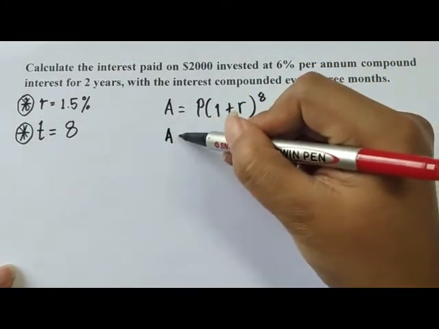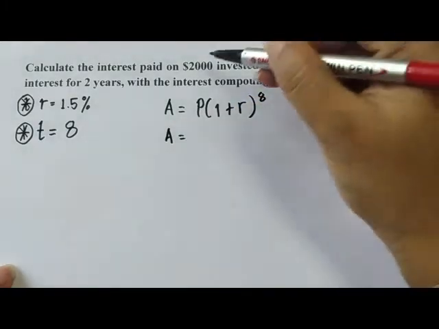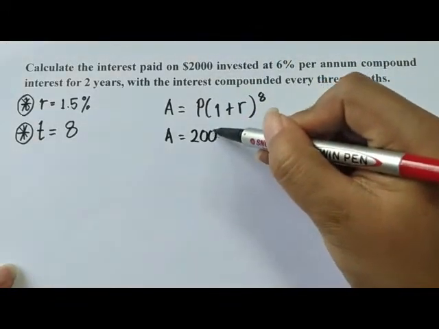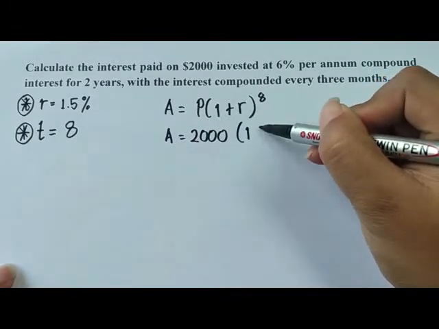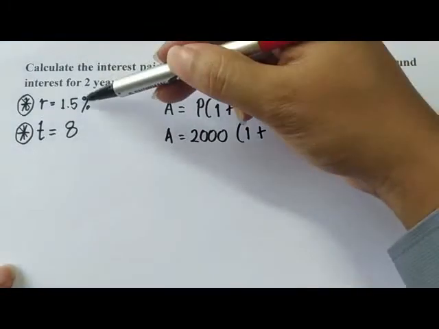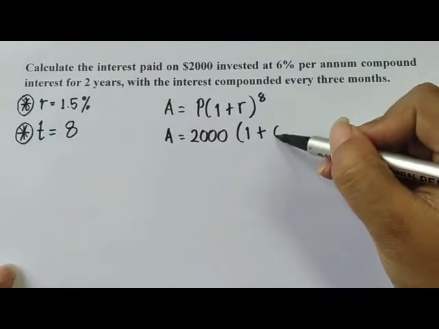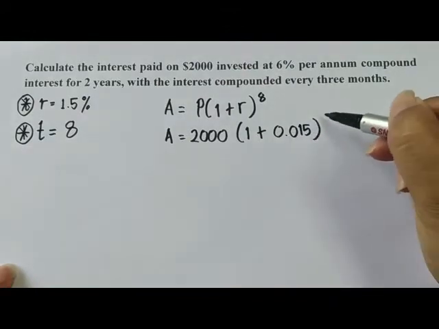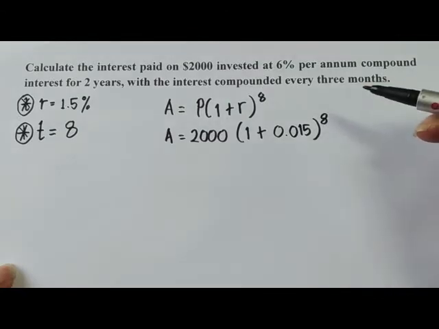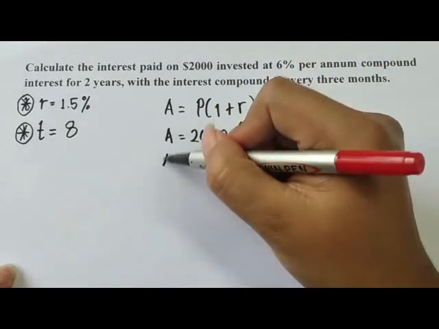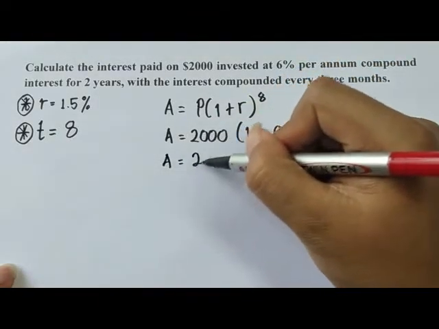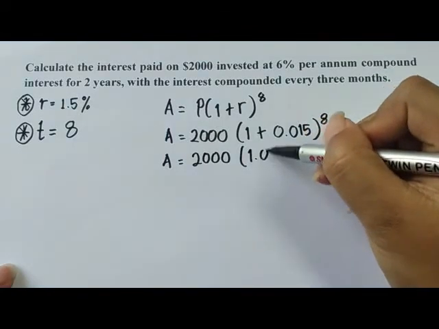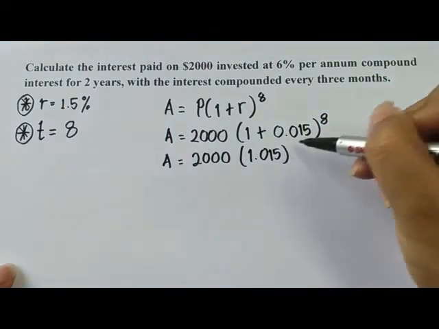So A equals P, where P is equal to $2,000. 2,000 multiplied by (1 plus R), where R is 1.5%, or 0.015, to the power of 8, the T. So A equals 2,000 multiplied by 1.015 to the power of 8.